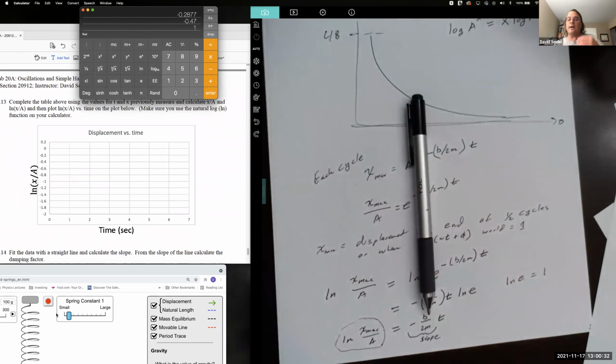Now it turns out, if you do this with things like Excel, they'll do that all in the background for you. And they'll give you the damping factor and things like that. And you can also fit a straight line in Excel and all of that good stuff.